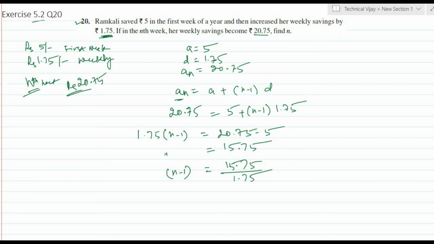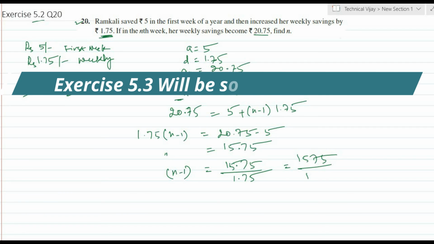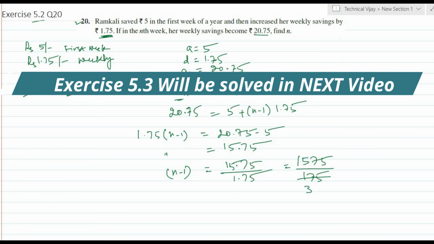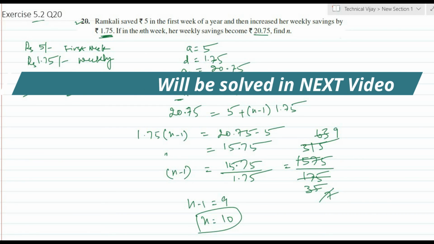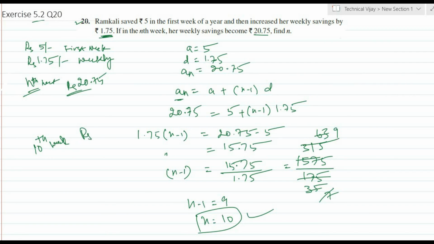So here digits can be arranged as 1575 divided by 175. 5 3s are 15, 5 5s are 25. 5 7s are 35, 5 6s are 30, so 5 3s. 7 9s are 63. So n minus 1 is equal to 9, n is equal to 10, that is 9 plus 1. So here, on the 10th week, she will get rupees 20.75.